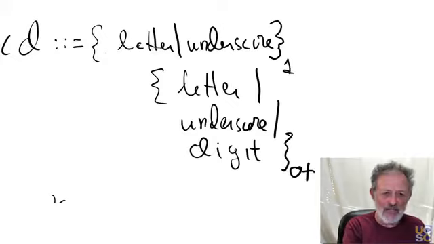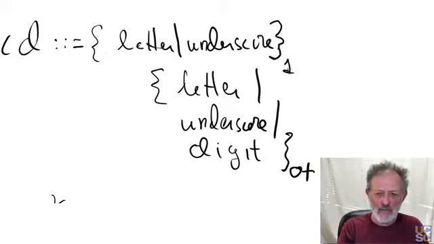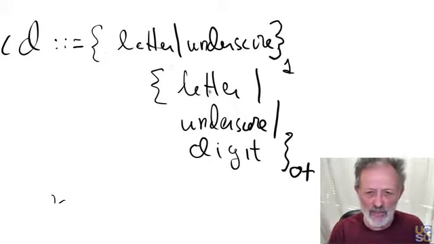An identifier in C is made up of a letter or underscore character in which you have at least one. Letter or underscore. This straight line means or. And when I subscript by one, it means I have to have at least one of these.